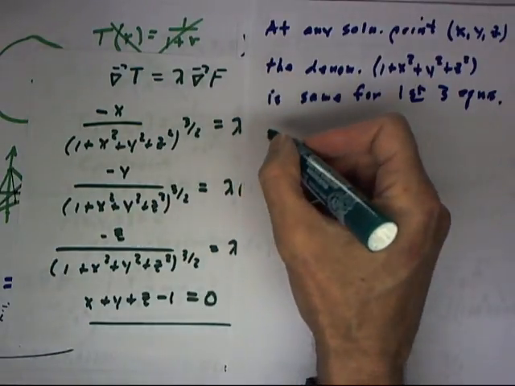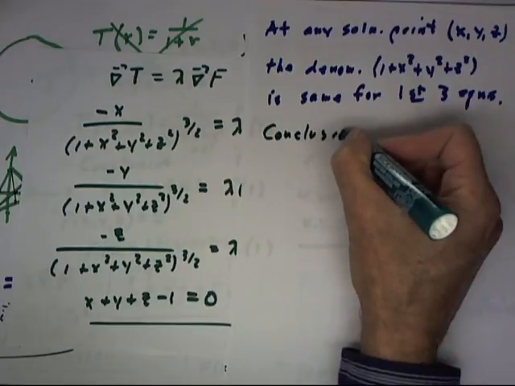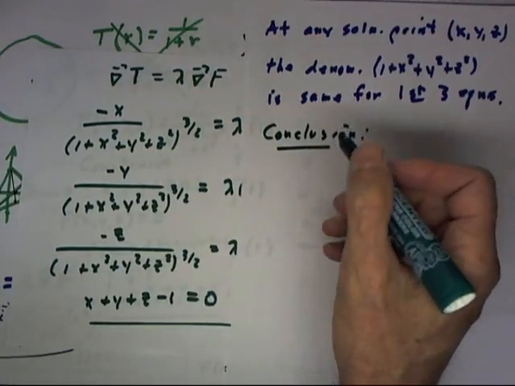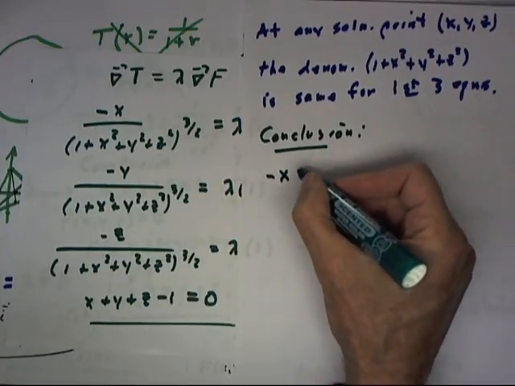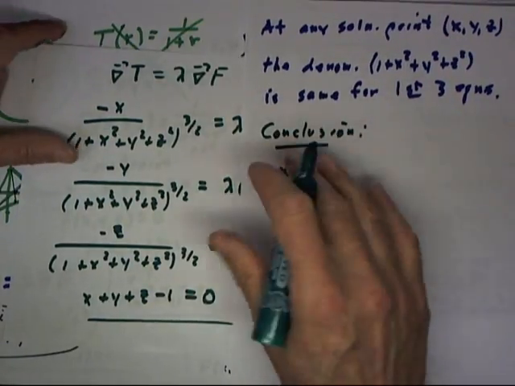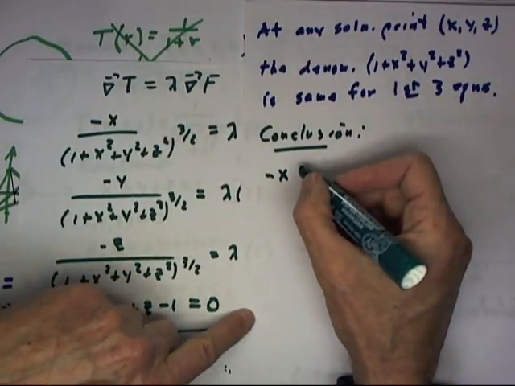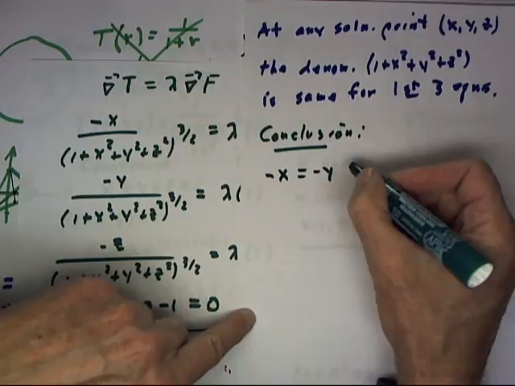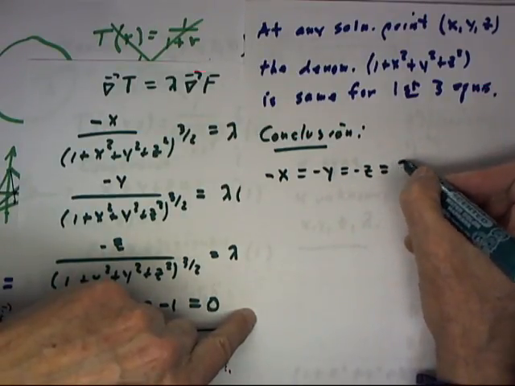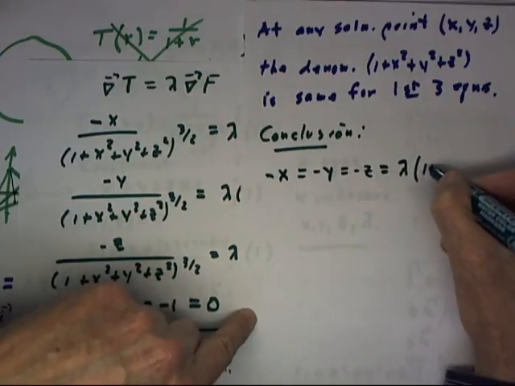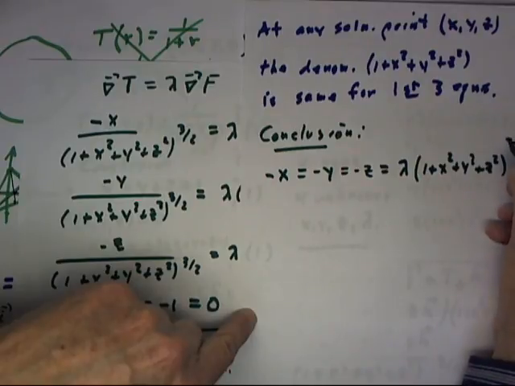Your conclusion is that negative x equals negative y equals negative z equals lambda times 1 plus x squared plus y squared plus z squared to the 3 halves.